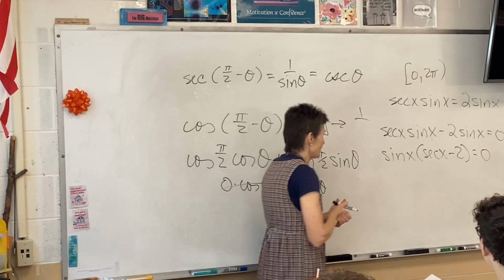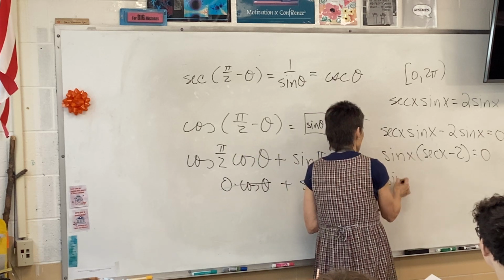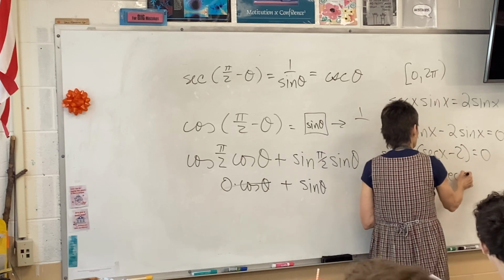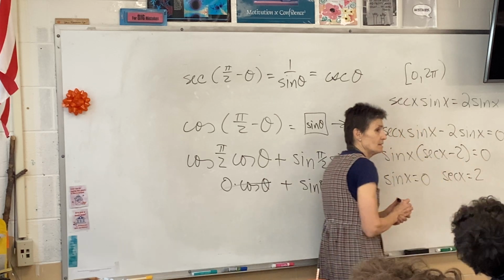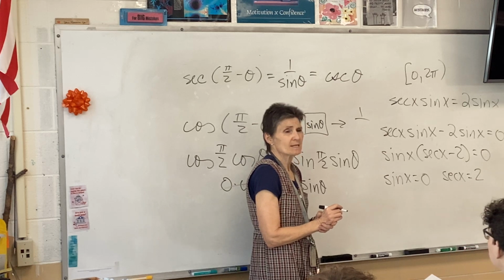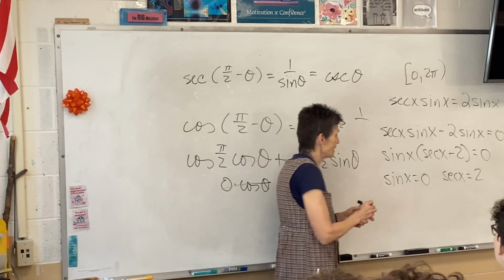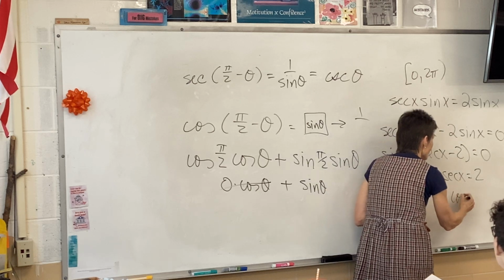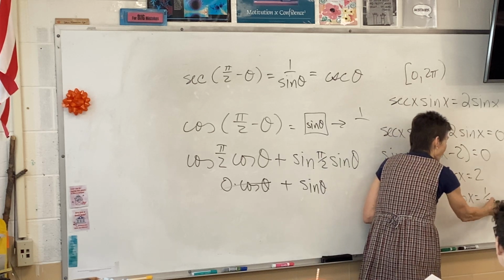Set it equal to 0, so sine is 0, or secant is 2. Again, I'm just not very good with secants, so if the secant is 2, the cosine must be 1/2.